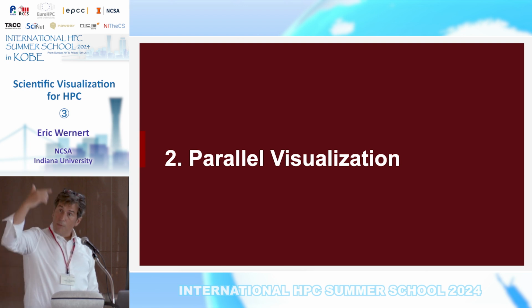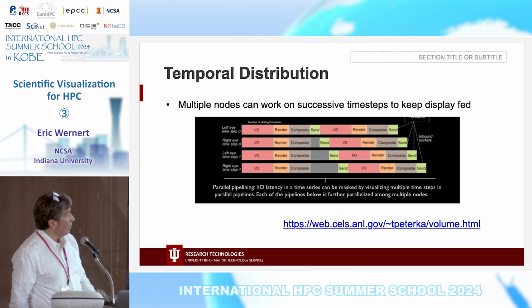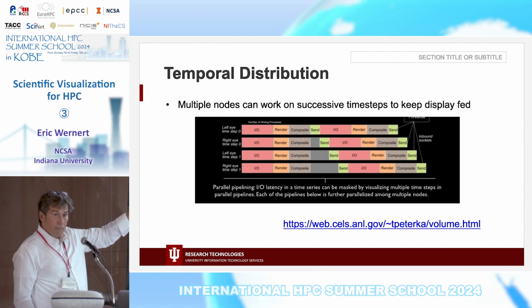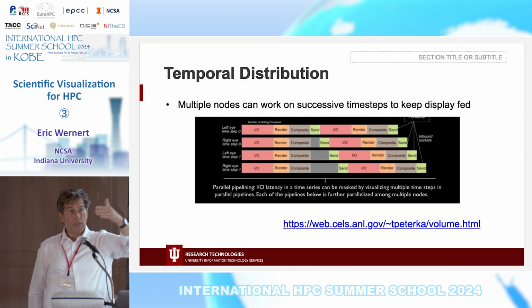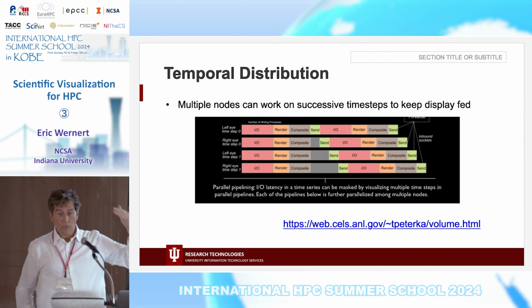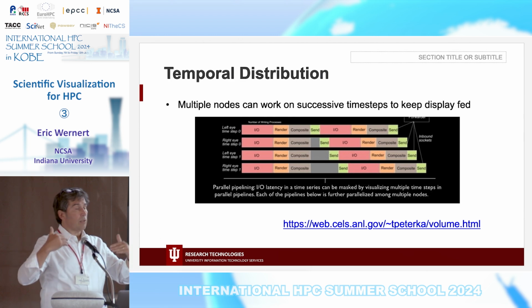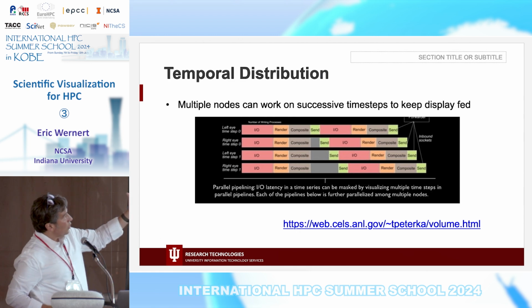If you then take multiple systems on the server side, you're getting into parallel visualization. And it should be said, one of the easiest things to do conceptually is, you have a series of images that you're wanting to stream to your head-mounted display or to your desktop. If you get multiple systems, each working on successive images, you can do that.